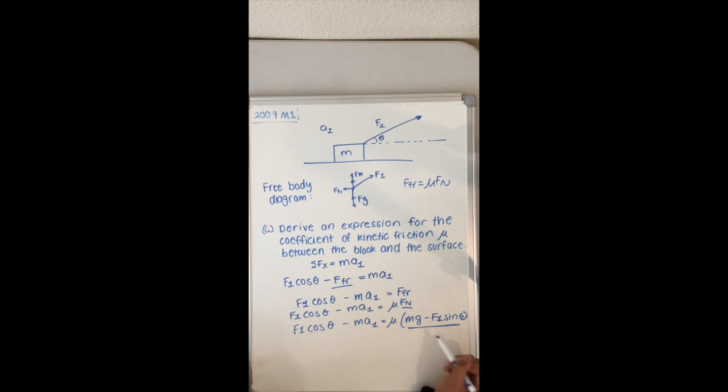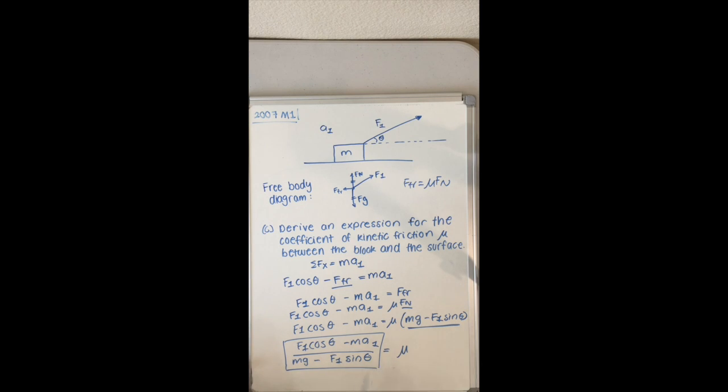And this is what we found in the previous question. So we can divide by this and get our final answer, which is mu equals F1 cosine theta minus ma1 over mg minus F1 sine theta. So this is the answer.